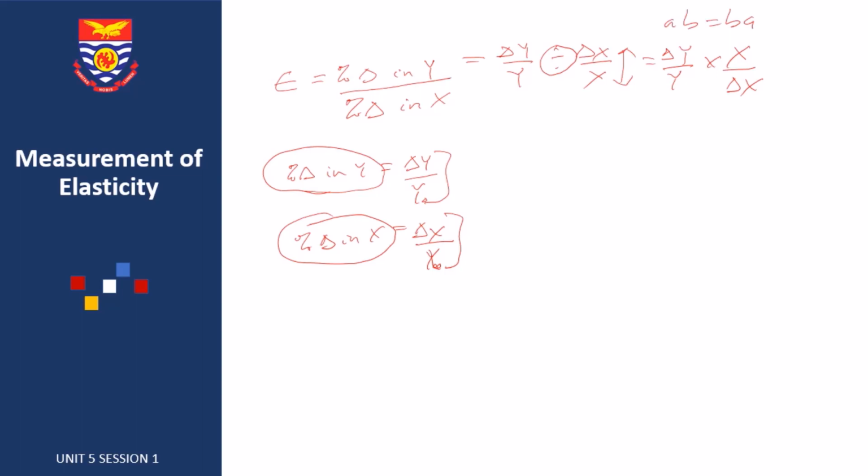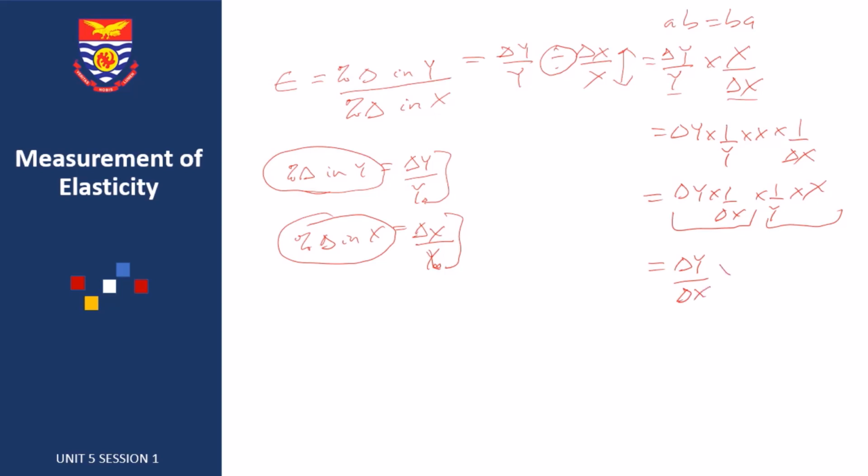So if I have this change in Y over Y and X over change in X, this I can write as change in Y times 1 over Y times X times 1 over change in X. I can now further make it change in Y times 1 over change in X times 1 over Y times X, so that I'll treat this and treat this as change in Y over change in X.